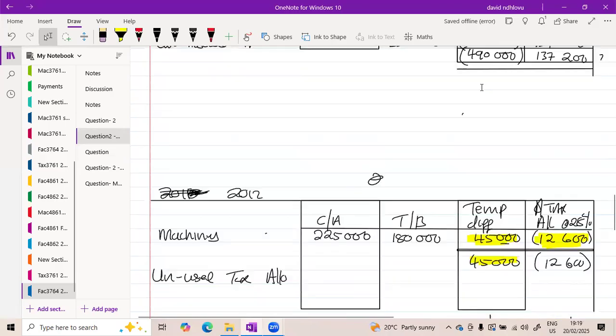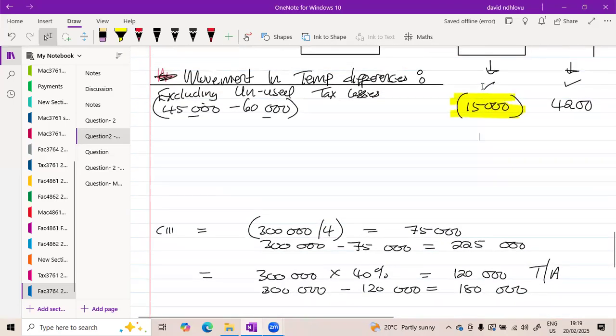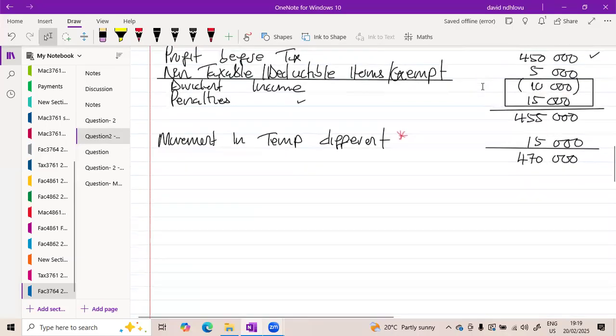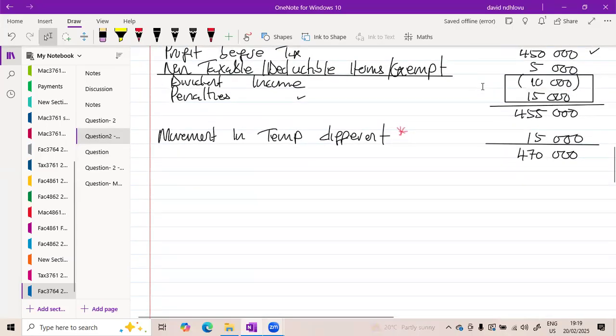It's what we call an increase in deductible temporary difference. When we say deductible temporary differences, we are always saying that with reference to the future. If it is a deduction in the future, then in the current year, it increases the temporary difference. So it will always be inverted like that. Make sure you remember that. Okay, thank you.